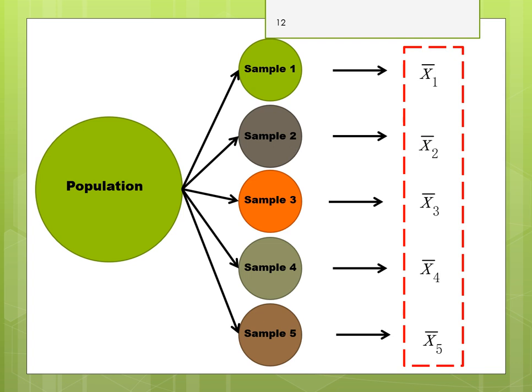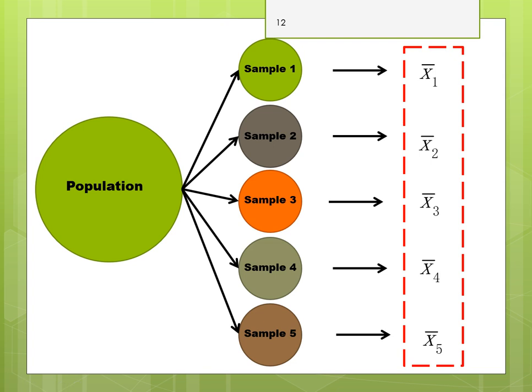Okay, so here next one, we can repeat this procedure and we can get sample 3 and X bar 3, and we repeat it again and again, and we can get X bar 4, X bar 5, and so on.